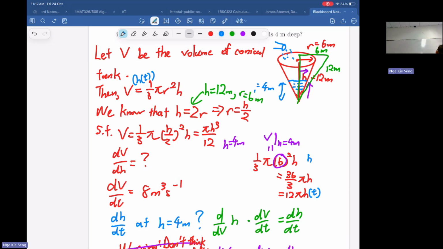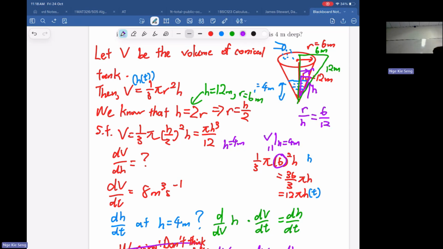So there's a small increasing triangle, right? We're trying to explain that. So let's call these r and h here. Similar triangle tells you that the ratio of r over h equals 6 over 12.